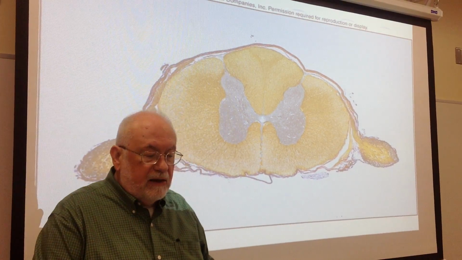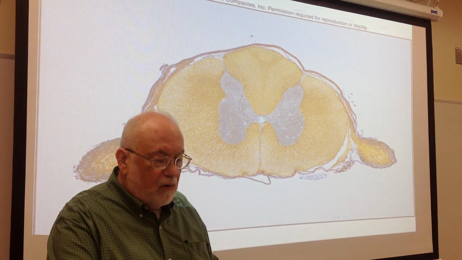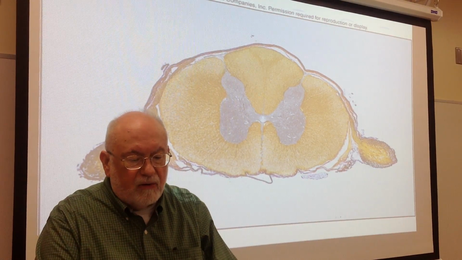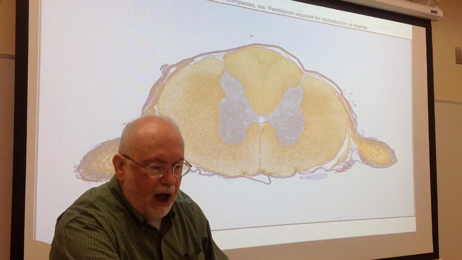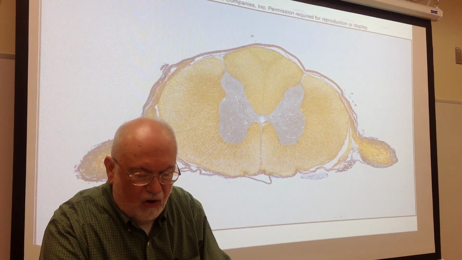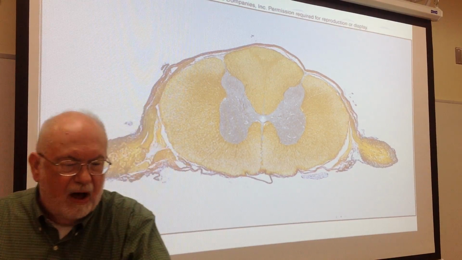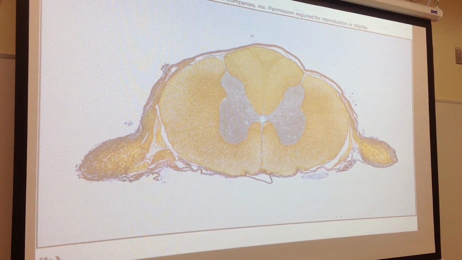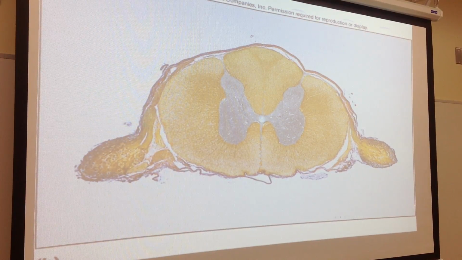And the coverings that you find on the spinal cord are the same three coverings that you found on the brain. So what is the outermost covering called? Dura mater, right? And then the middle layer is called the arachnoid, and the innermost layer is called the pia mater.